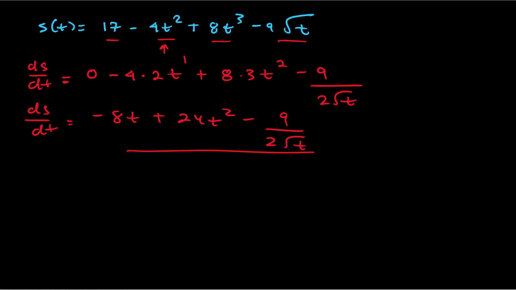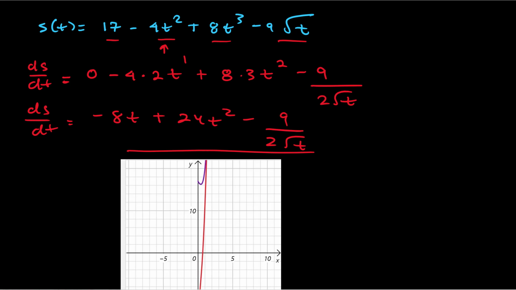Now let us graph the function and its derivative. Take a look. Again, the purple curve represents the function s of t, and the red one is the derivative ds dt.